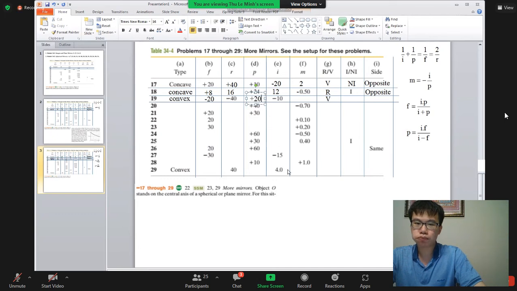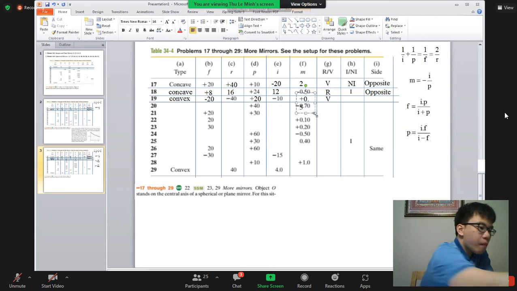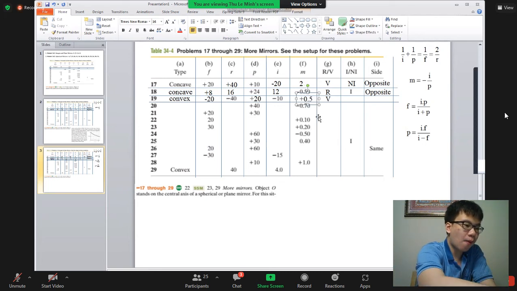Plus. Okay. And M equals minus I over P. So M equals plus 0.5. Plus 0.5. Okay.